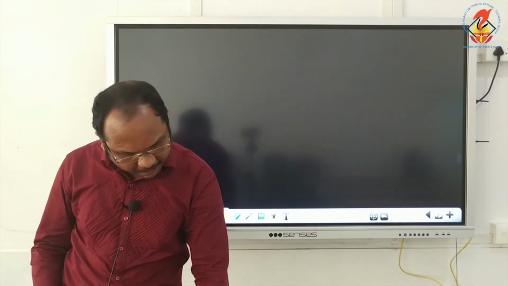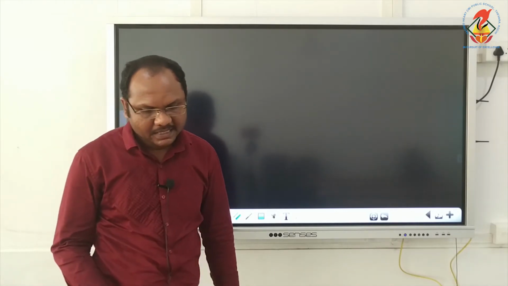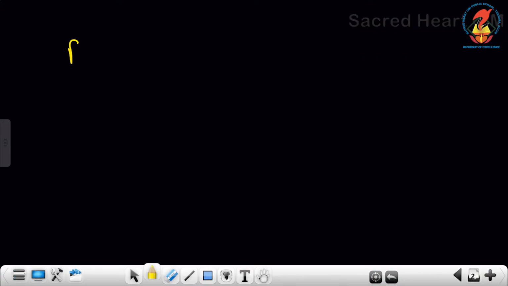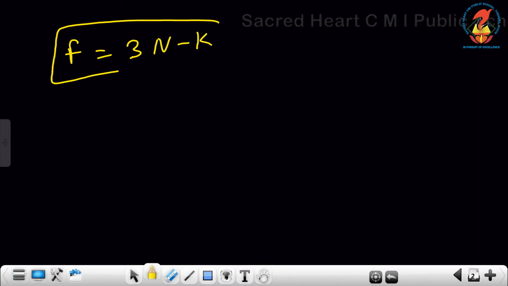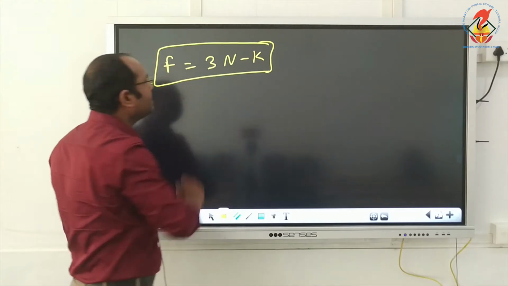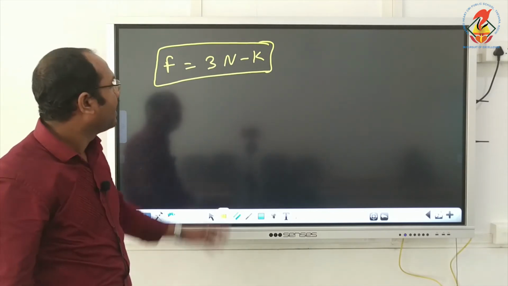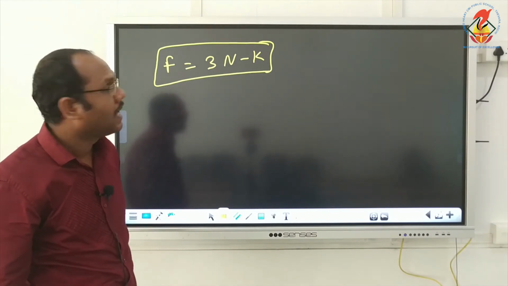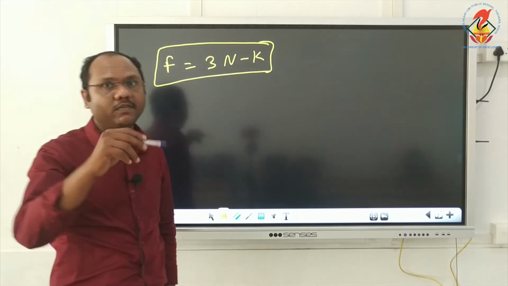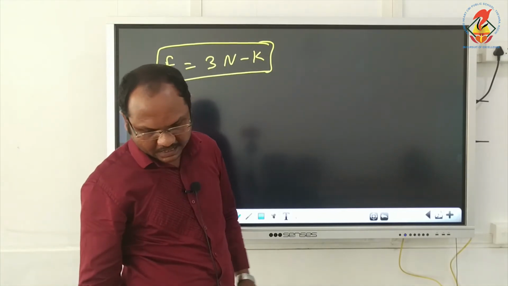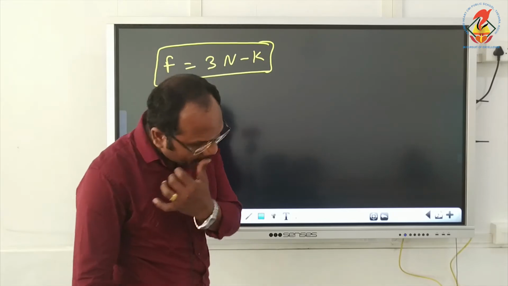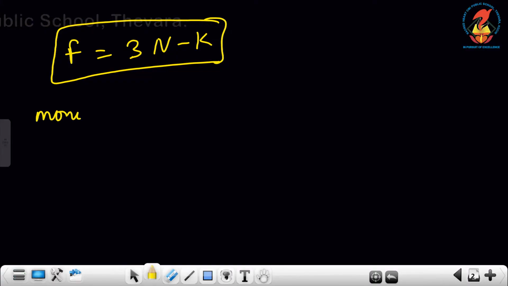We can find the degrees of freedom like this: F = 3N - K. Using this equation, we can find the degrees of freedom easily. N is the number of atoms and K is the number of relations. I will just tell you how to use it. I take a monoatomic molecule.